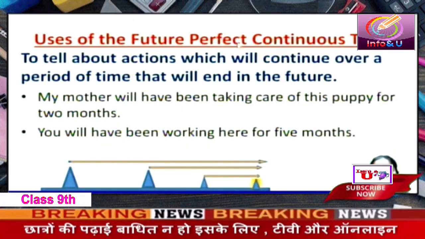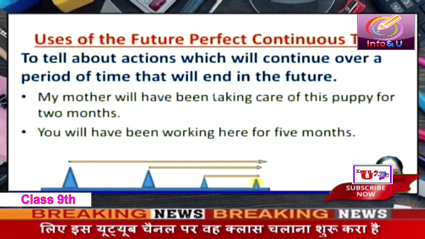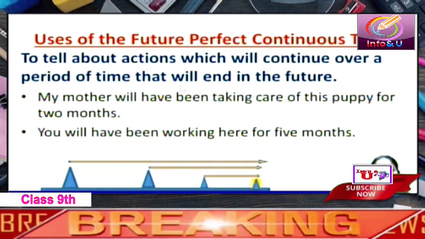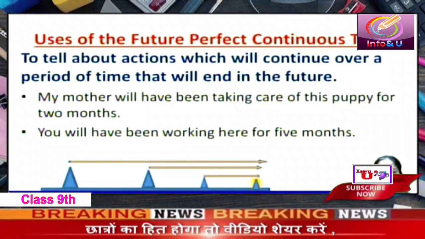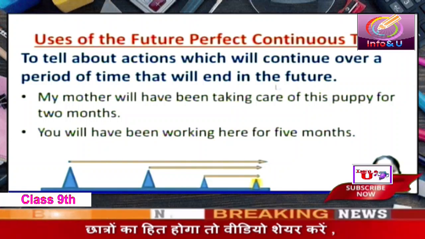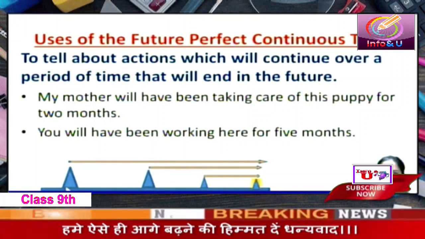Now, uses of the future perfect continuous tense. To tell about actions which will continue over a period of time that will end in the future. Now the condition is that the action will end in the future. Okay, it will end in the future, but the point of beginning can be in the future, in the present, or in the past.